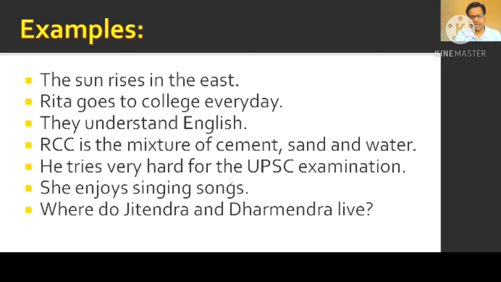Since third person singular number is functioning here as a subject, that's why we need to use the S suffix to the verb enjoy. So it becomes enjoys. She enjoys singing songs. See, singing songs is a phrase here, and that is functioning as the object of the sentence. You can go for a passive voice, that will be accepted, no doubt.